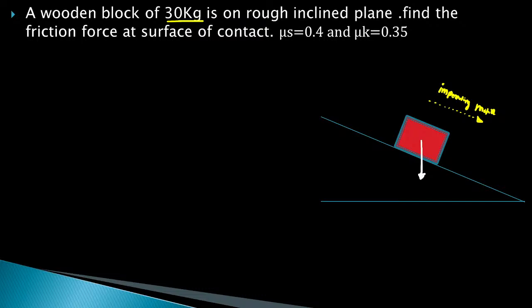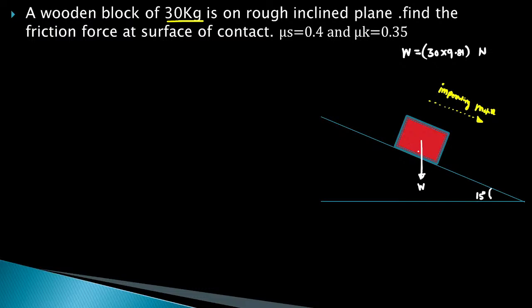This is the self weight of the block, and we will assume this to be W, and W is equal to 30 into 9.81 Newton. The angle of the inclined plane with respect to the ground is 15 degrees.